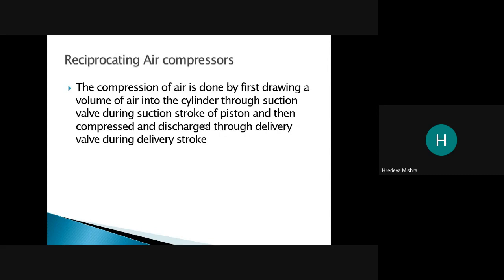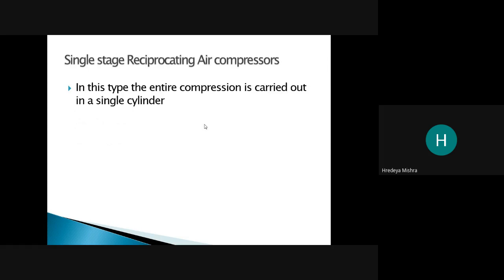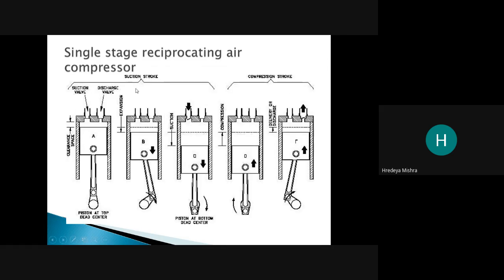The compression of air is done by first drawing a volume of air into the cylinder through the suction stroke, and then compressing and discharging it through the delivery stroke. So a single stage reciprocating compressor is nothing but we use a single cylinder to produce the compressed air.